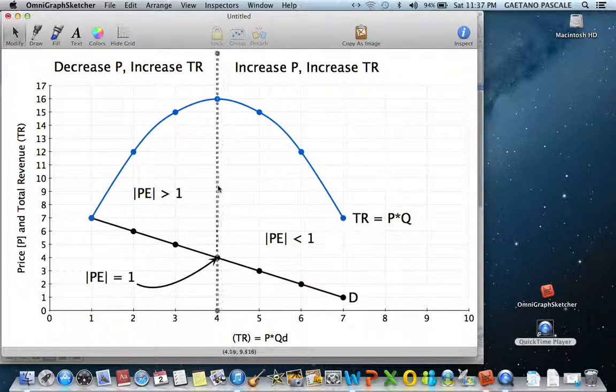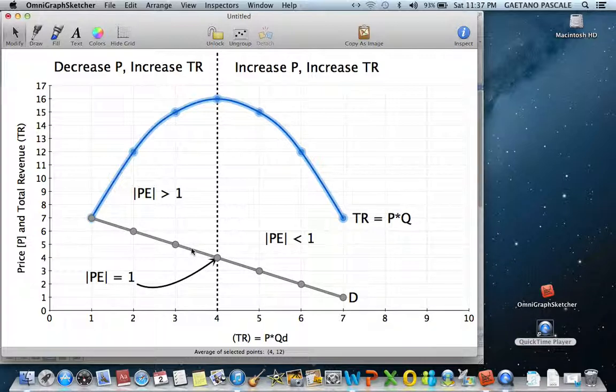Also realize that on any demand curve, particularly since we're doing this simply and assuming that this is a linear demand curve, we are going to have a point where total revenue is maximized. There's a point on the demand curve where total revenue is maximized. The absolute value of the price elasticity of demand is exactly equal to 1 at that point.